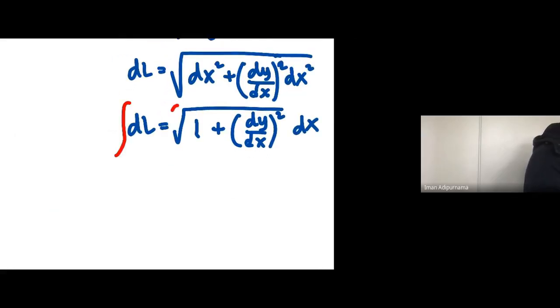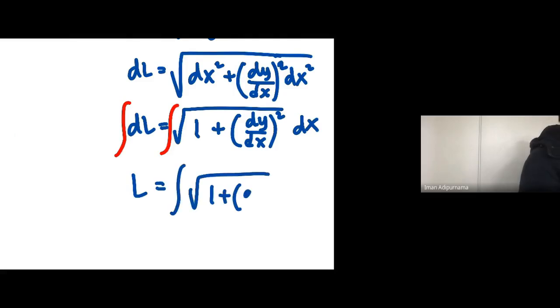And then integrate, and this is your arc length. Fast, right? So you need to be able to do it by yourself. If you don't remember the formula, draw a simple curve, draw the tangent line, draw a triangle. The hypotenuse is dl, the other sides are dy and dx, and you can derive your formula by yourself.